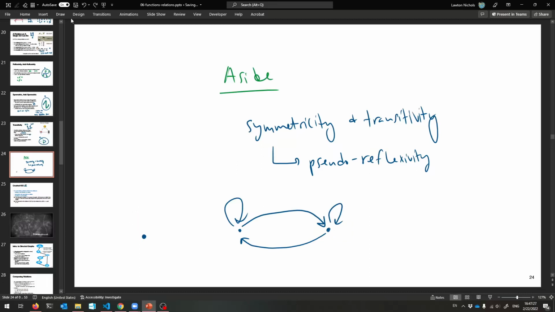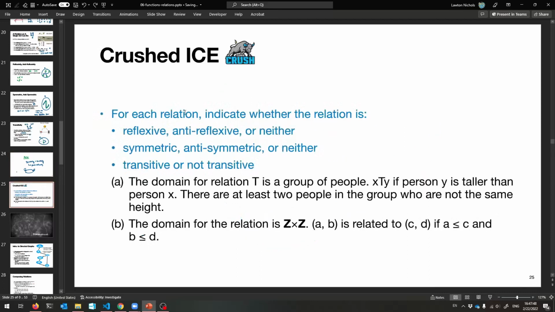You see that? It has to be related to somebody else for this to all kick in and give you reflexivity for that element. But for everybody who is related to somebody else at least, symmetricity plus transitivity essentially makes those particular elements reflexive. They're related to themselves. Okay, so that was just a fun thought.